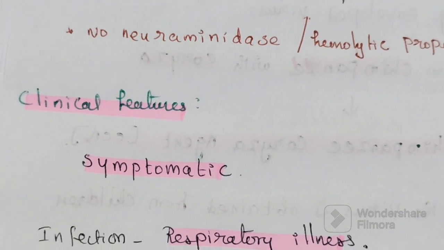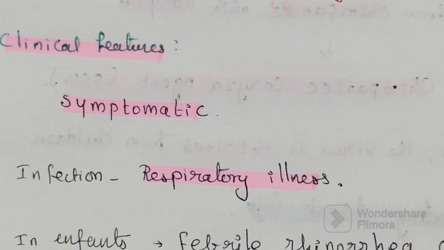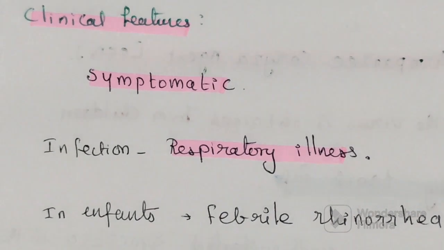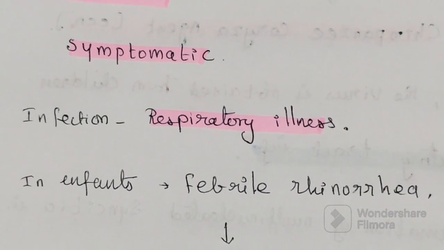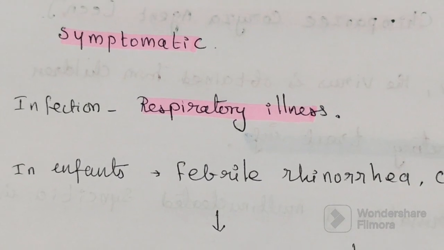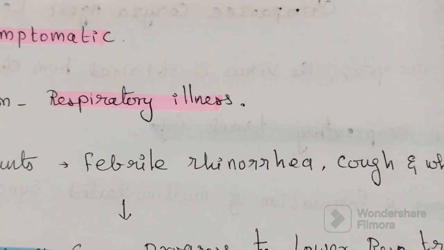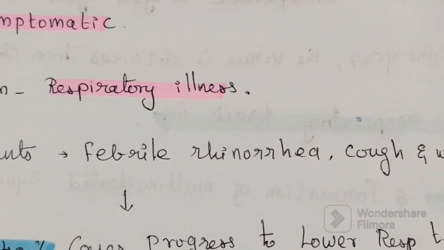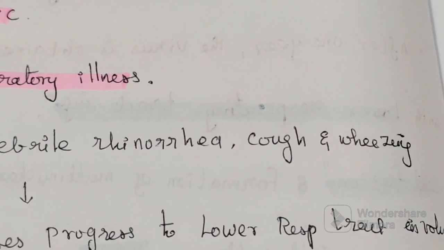Now coming to clinical features. Most RSV infections are symptomatic: respiratory illness in infants, febrile rhinorrhea with cough and wheezing.